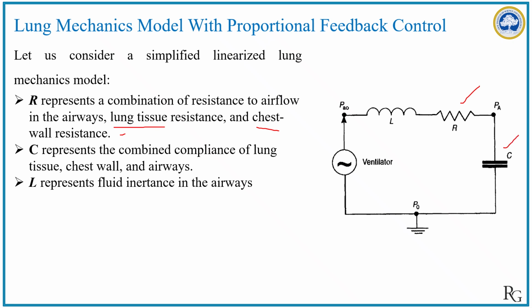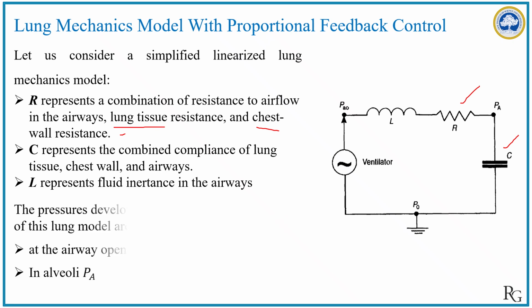And the L inductor represents the fluid inertance in the airways. The pressure developed at the different points in the lung model is PAO at the airway opening, PA in the alveoli, and the atmospheric or ambient pressure PO, or P naught, which is considered as the ground or the reference.